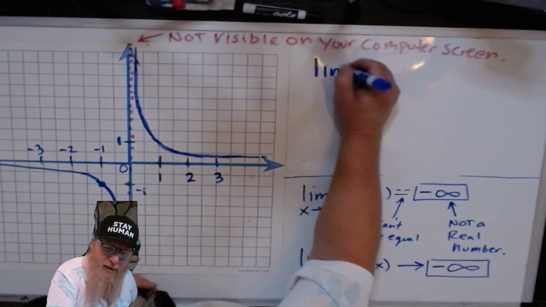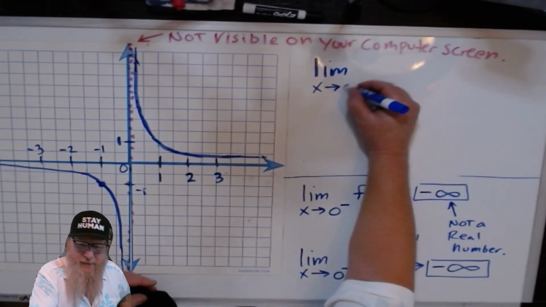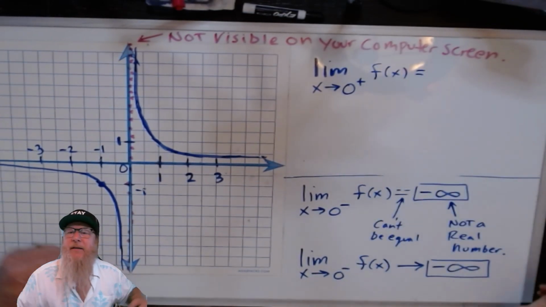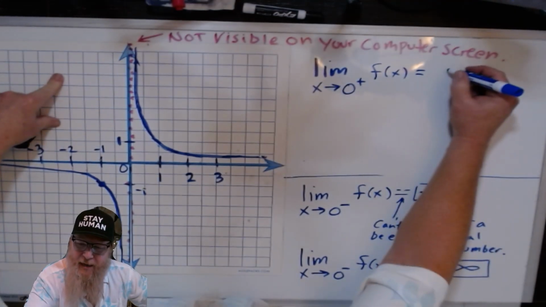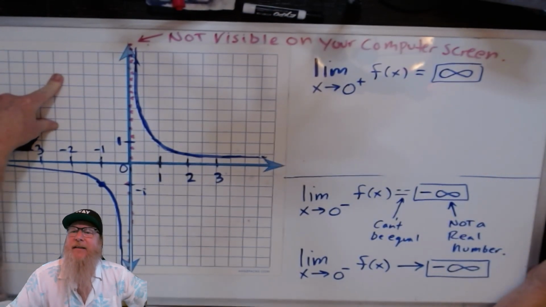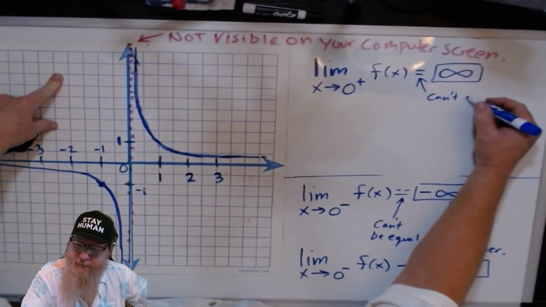Similarly, the limit as x approaches 0 from the right, we approach it from the right, we get positive infinity, or simply infinity. And again, it can't be equal.